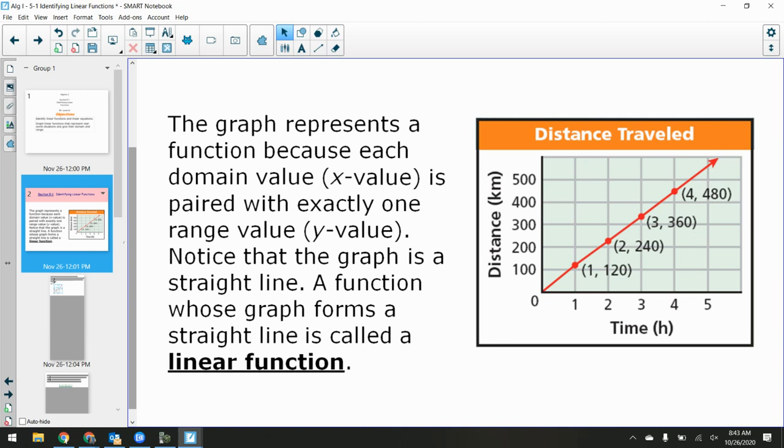Yeah, vertical. Exactly. That's the only time when a straight line is not a function, when you've got a vertical line. So 99.9% of the cases, if it's a straight line, it's a linear function. The only time it's not is when it's a vertical line.